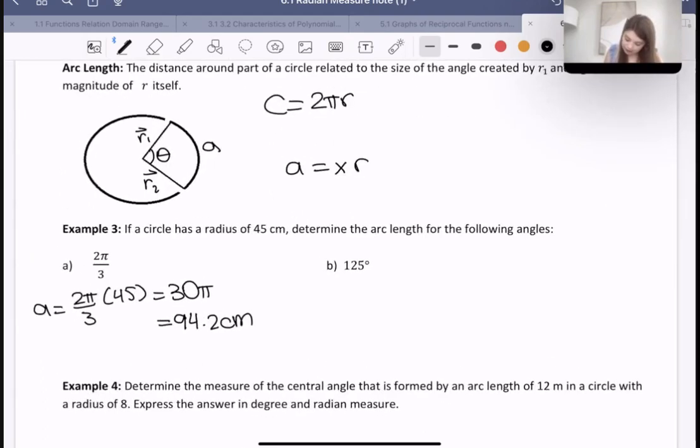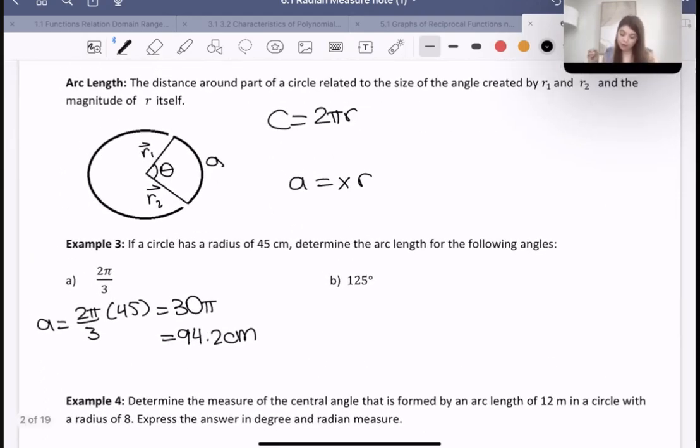Now, how do we know that? How do we know to do x times r? Well, we know that for the full circumference, it's the full 2 pi radians, so the full circle times r, right? Because in this case, the angle would be everything. It would be a whole angle. It would be 360 degrees, which is the same as 2 pi, and then times the radius.